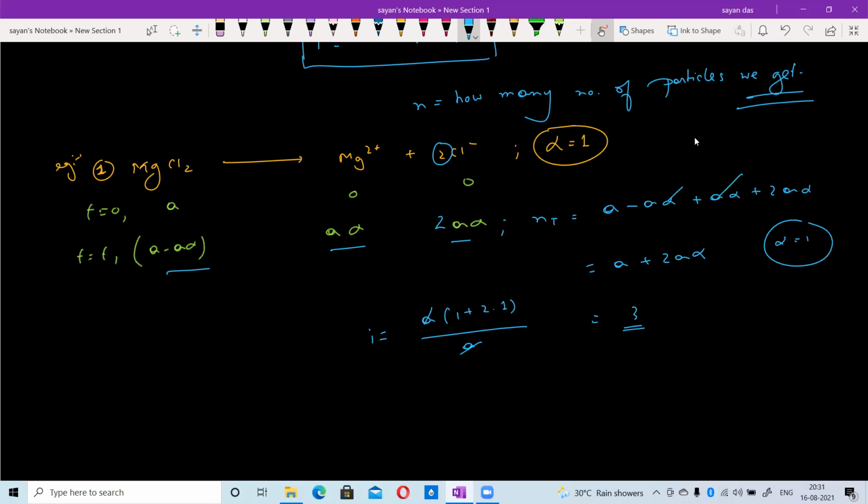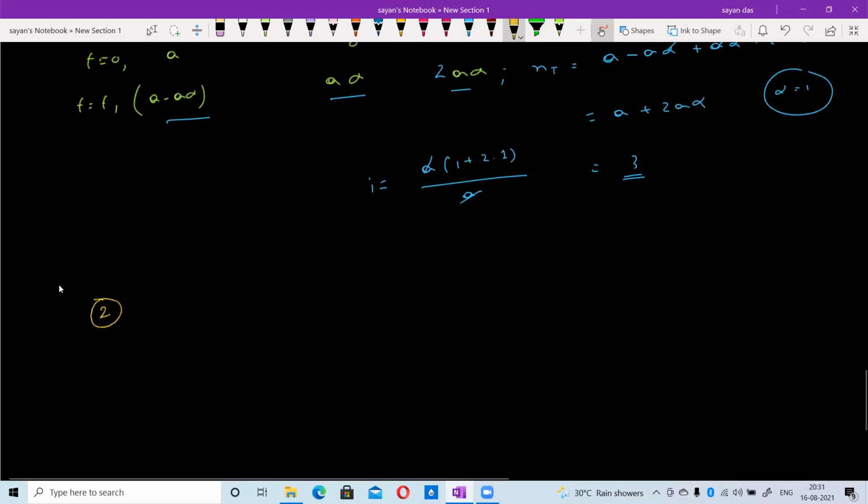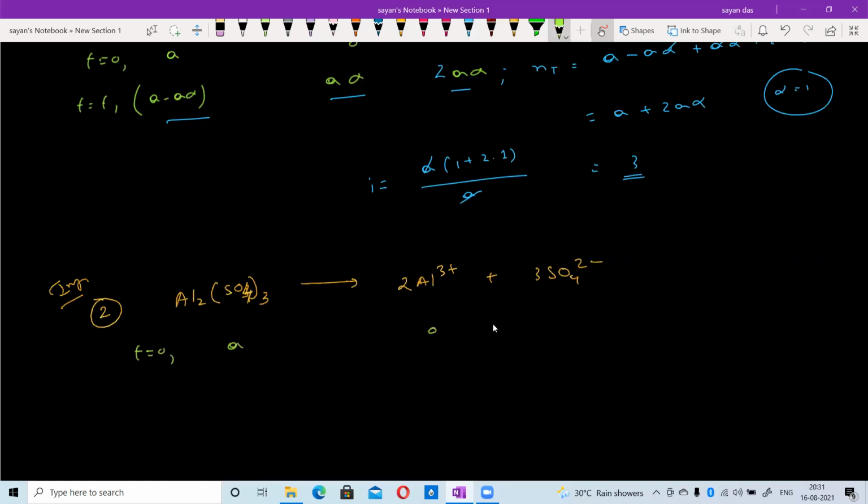This is clear. Now going to the next example, which is very important: Al2(SO4)3. After dissociation, it gives 2Al3+ and 3SO4 2-. At t equals 0, the values are a, 0, 0. At t equals t, the left-hand side is always a into (1 minus alpha).